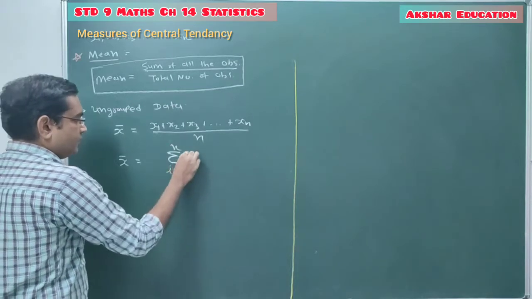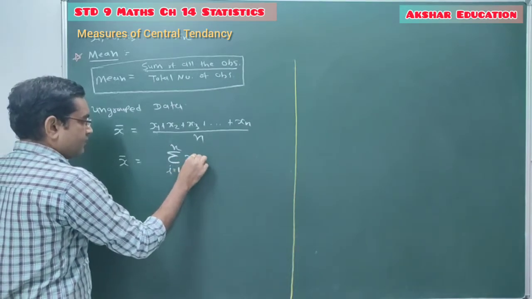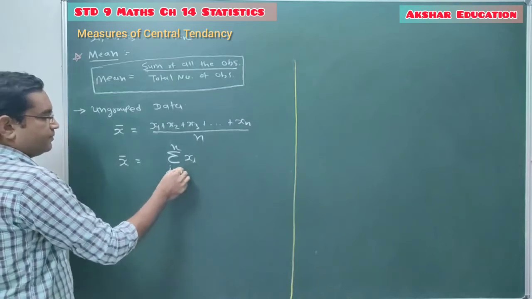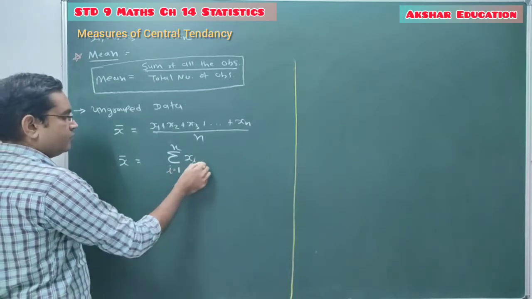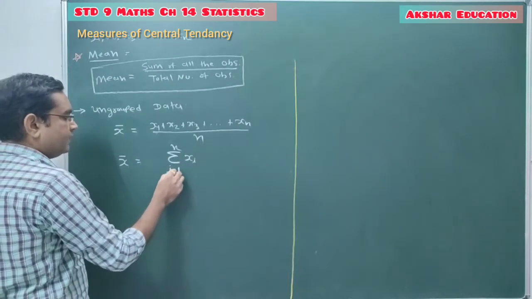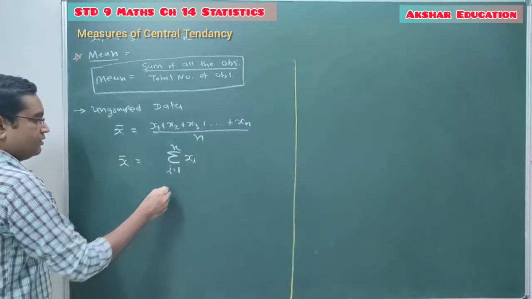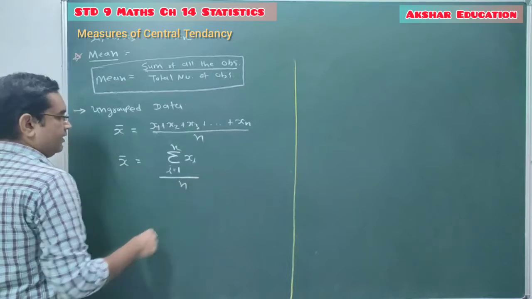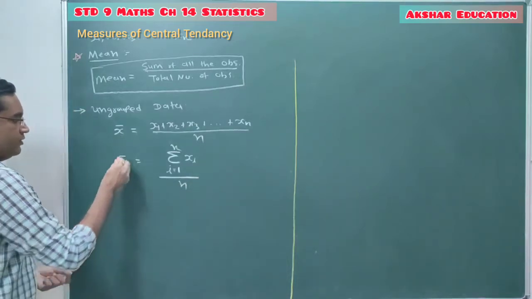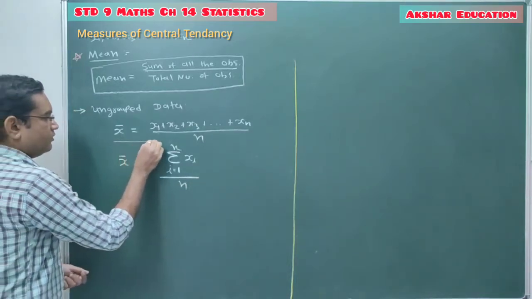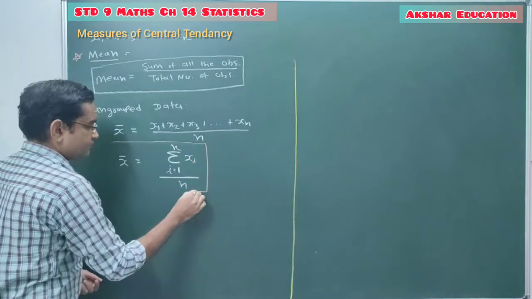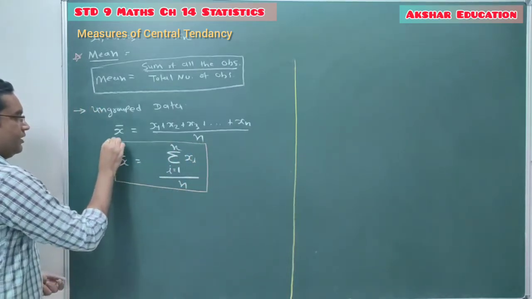Which number? x. And what is i? This is the subscript. So for i equal to 1, i equal to 2, i equal to 3, we have to put i from 1 to n. So we are getting the sum of n number of observations divided by n, that is the number of observations. So this is the formula of mean for the ungrouped data.